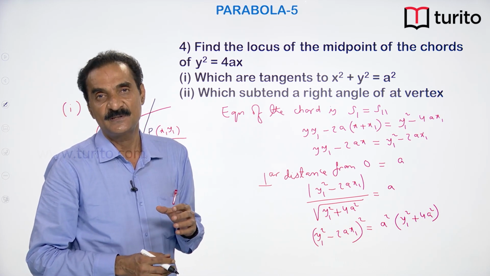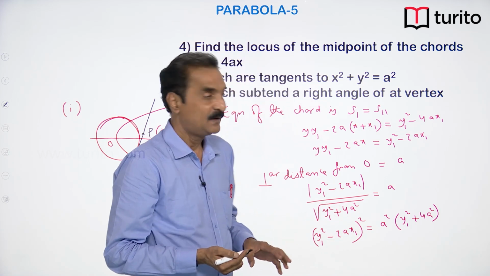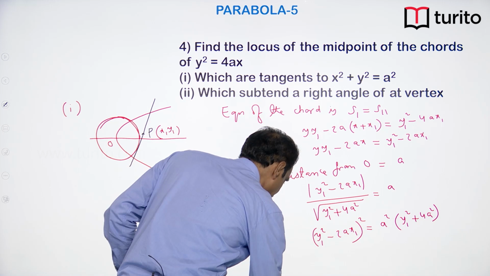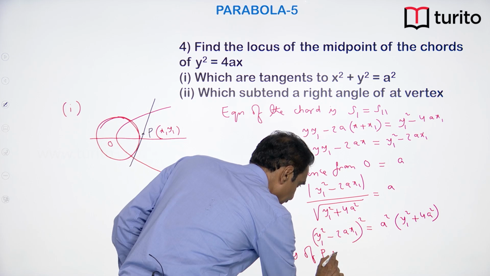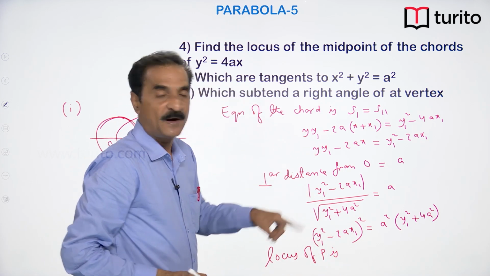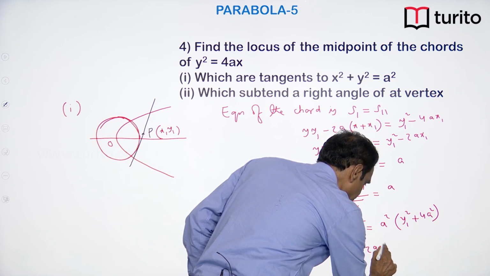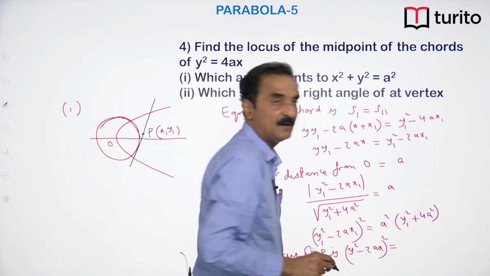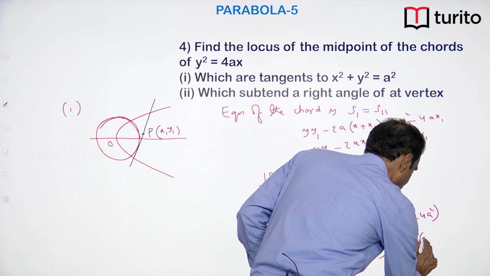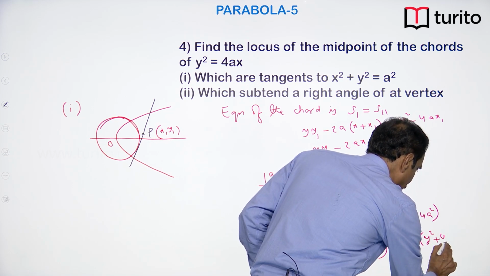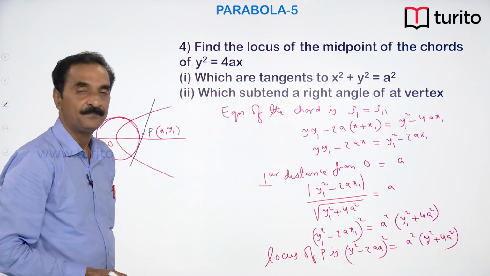The locus of P is given by replacing x1 by x and y1 by y. Therefore, the locus of P is y square minus 2ax whole square is equal to a square into y square plus 4a square. So, this is the answer to the first question.